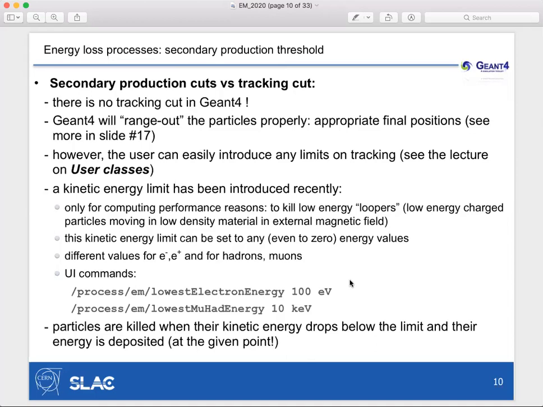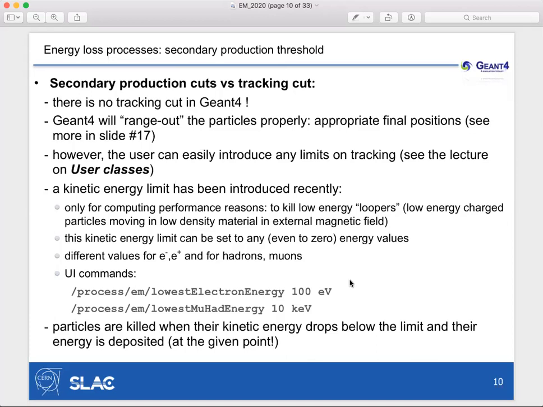Now, in Geant4, there is no tracking cut by design. We will see soon that there is a mechanism that makes sure that all the charged particles, for example, are ranged out, which means that eventually they will deposit their energy nicely at the end of their trajectory, and their final position will be in the proper place.